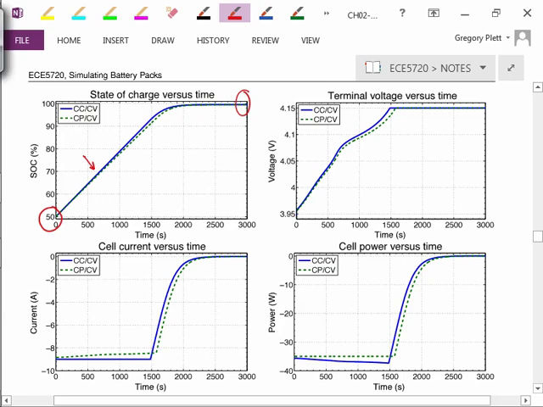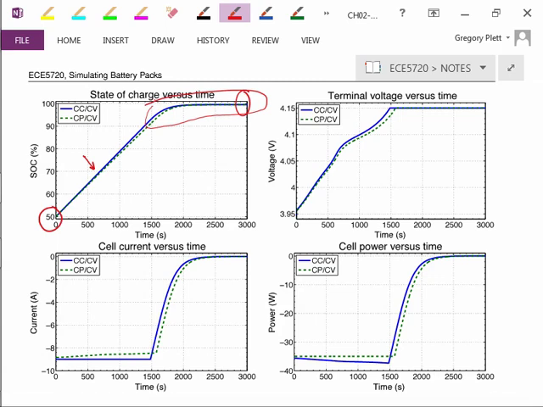And then you'll notice this interesting behavior where after a point, around here, the state of charge stops going up linearly and then starts curving, approaching the 100% state of charge with a tapering rate.